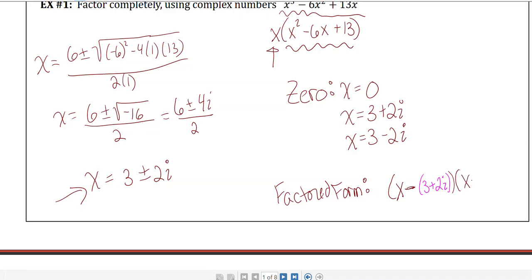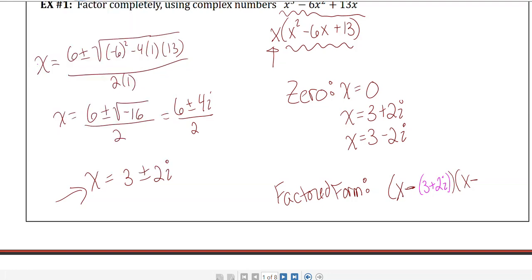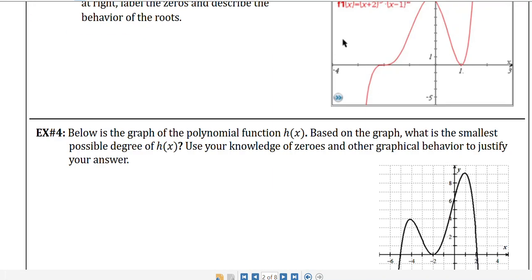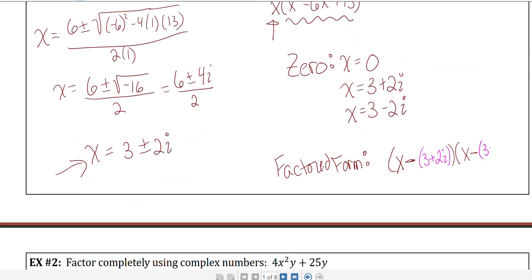And then x minus the quantity 3 minus 2i. And then that x equals 0 was already factored out.